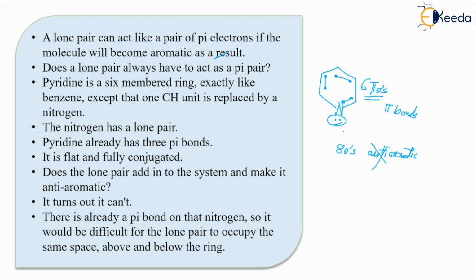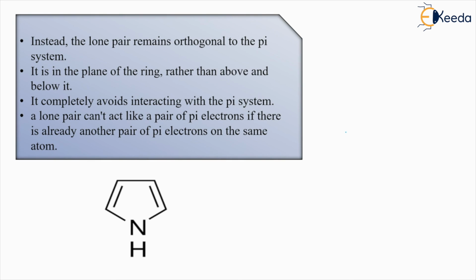There is already a pi bond on that nitrogen, so it would be difficult for the lone pair to occupy the same space above and below the ring. Instead, the lone pair remains orthogonal to the pi system. It is in the plane of the ring rather than above and below it, and completely avoids interacting with the pi system.